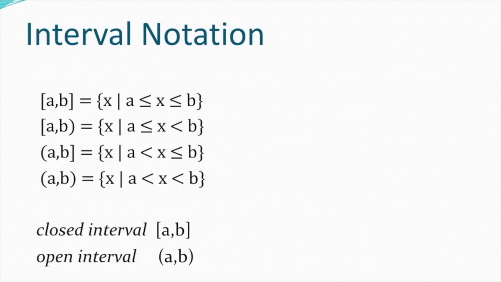So the interval notation, you could also use an interval with the square brackets, just to explain the elements of the set instead of a quantifier. You could say, for example, there is a set that has elements A and B, and the elements in the set could be described using this mathematical notation. x is an element in the set, and this x is greater than or equal to the value of A, less than or equal to the value of B. So this set is including an interval.